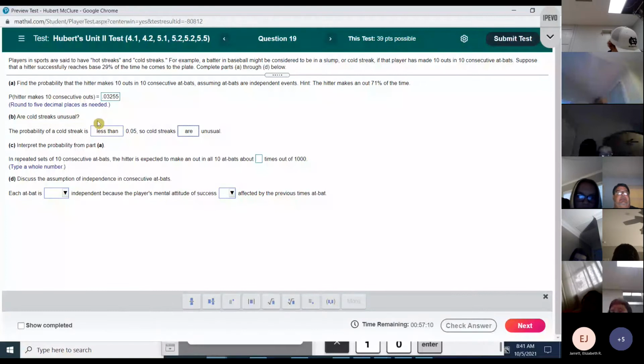In repeated sets of 10 consecutive at-bats, the hitter is expected to make an out in all 10 at-bats about, well, that would be 33 times, because 32.5 goes up to 33.